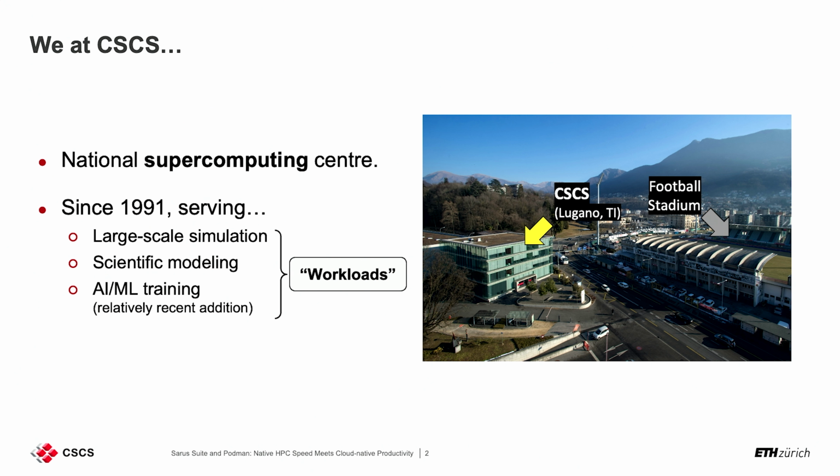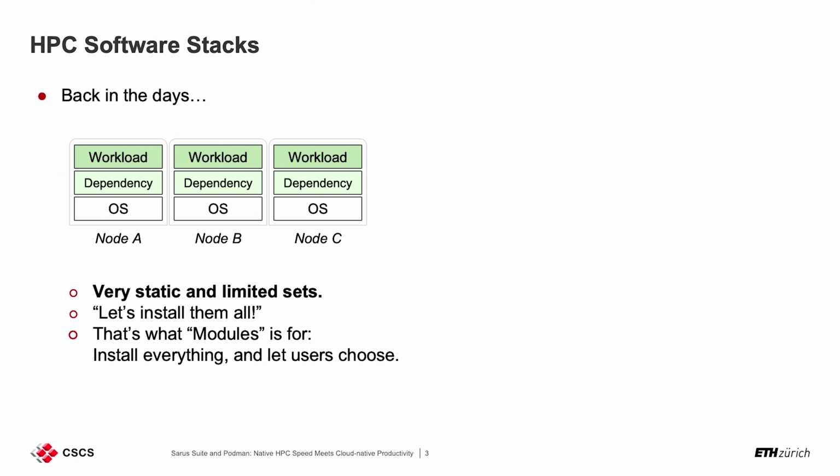Being a program itself, we need some layers of software that sustain the software above the layer. Like there's a workload, and there are some dependencies that are required by the workload, and there is another dependency that is required by the dependency, and so on.